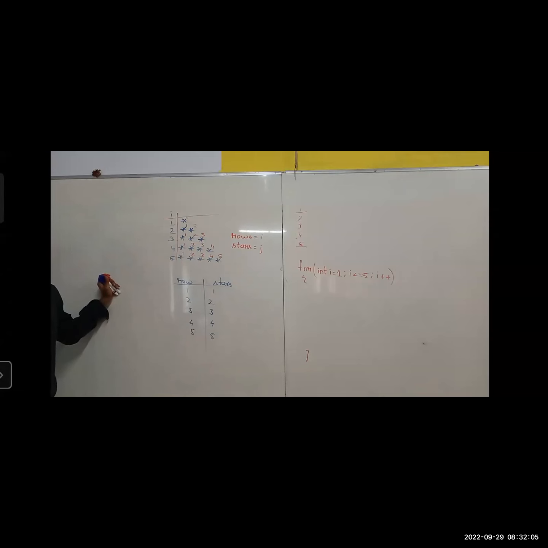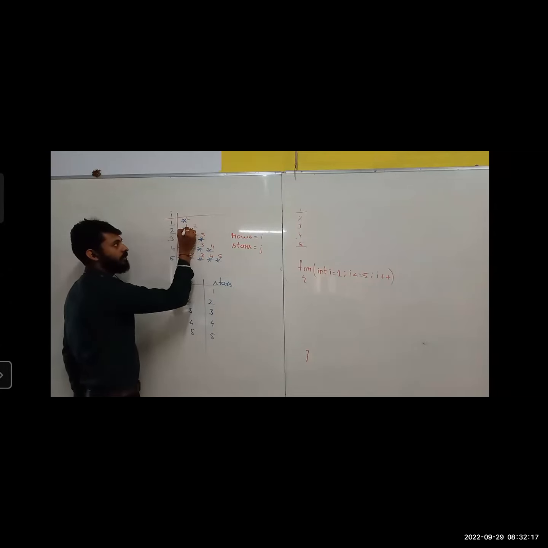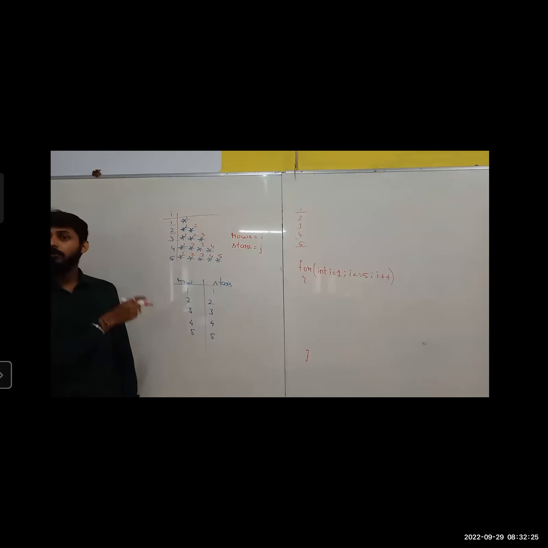In every line, the starting point is the same. That much can you identify? In this row also the starting point is the same, in this row, this row, and this row. In each and every row, even if I consider 100 rows, in the 100th row, what will be the first star's value? 1.